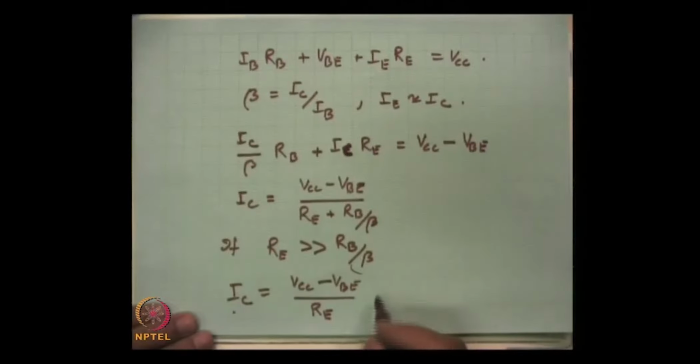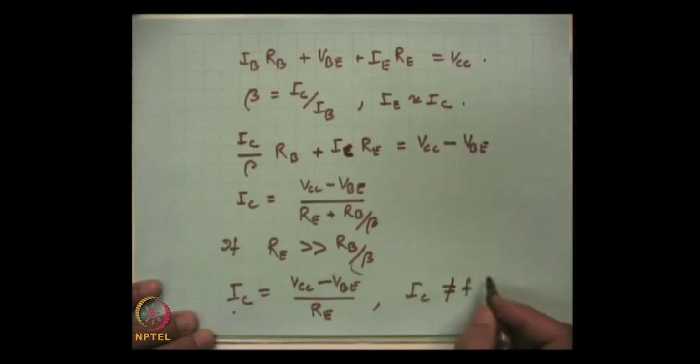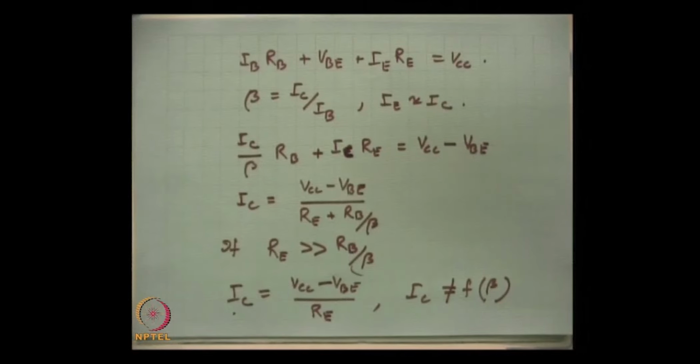So, this is a highly stable circuit, and here IC is not a function of the current gain beta, which shows very high stability, and this is achieved because of the negative feedback through the emitter resistance.